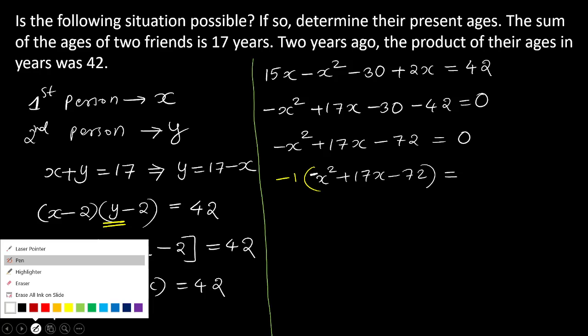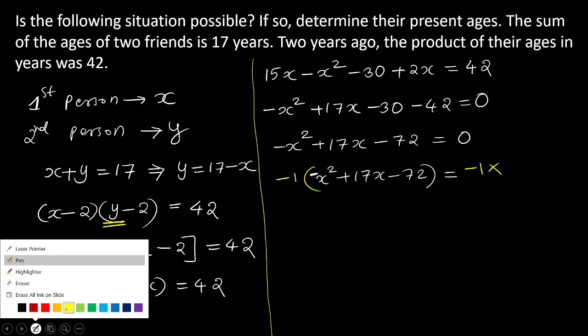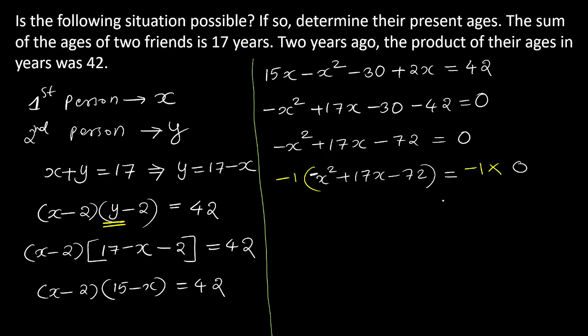If I multiply the left side by minus 1, I have to multiply the right side also by minus 1. Minus 1 into minus x square is x square, minus 1 into 17x is minus 17x, minus 1 into minus 72 is plus 72. Right side is 0. Understood?